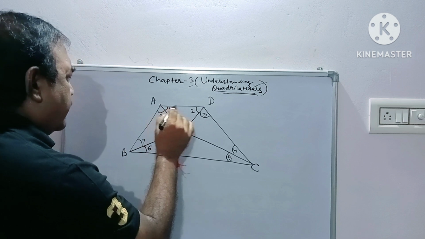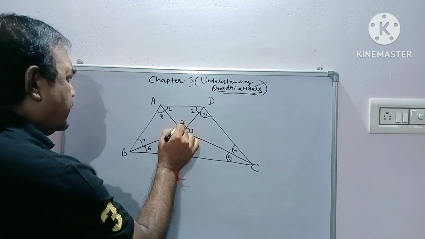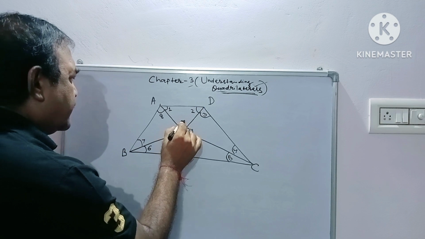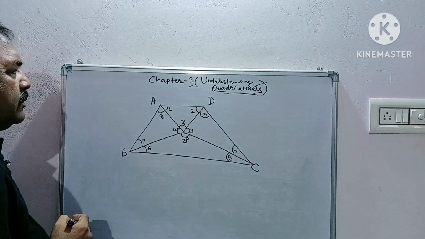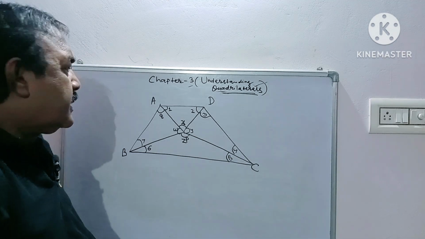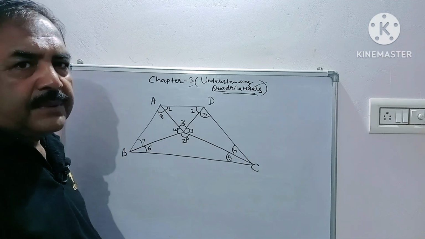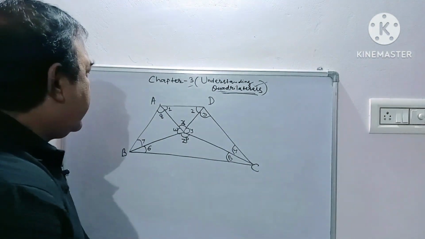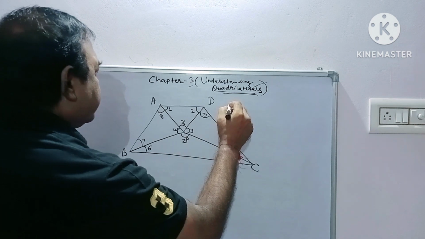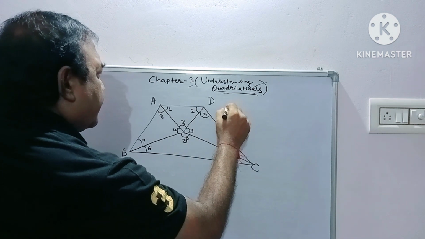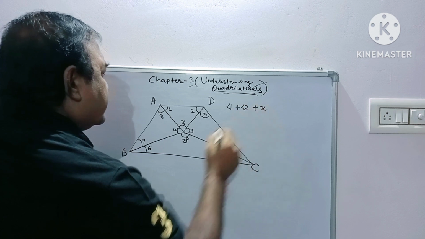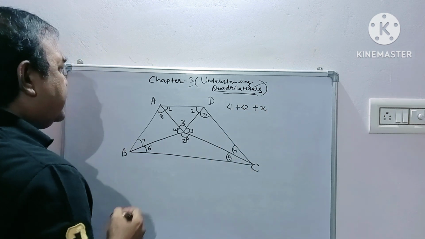Measure of angle 1 plus measure of angle 2 plus measure of this angle X is equal to 180 degree. That is the angle sum property of a triangle. The sum of the measures of the interior angles of a triangle is 180 degree. So if measure of angle 1 plus measure of angle 2 plus X, in which triangle?